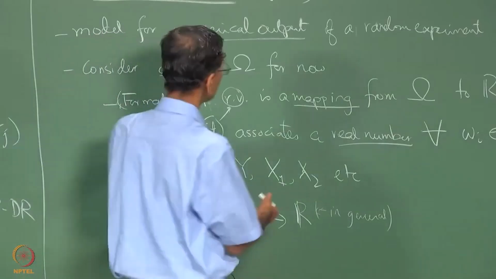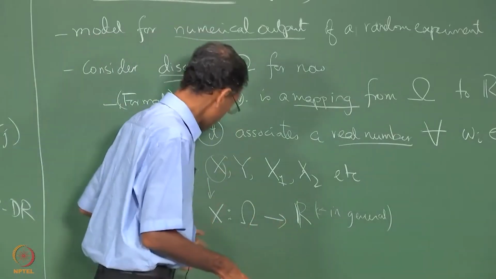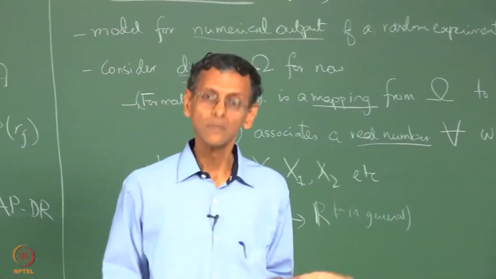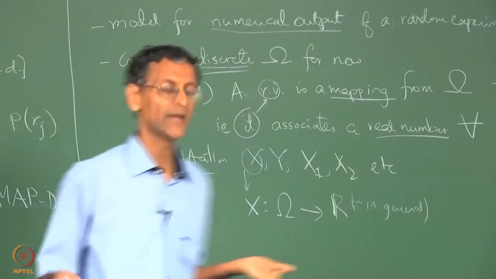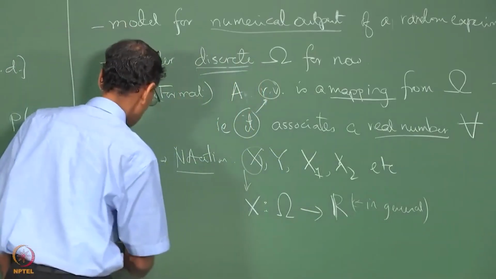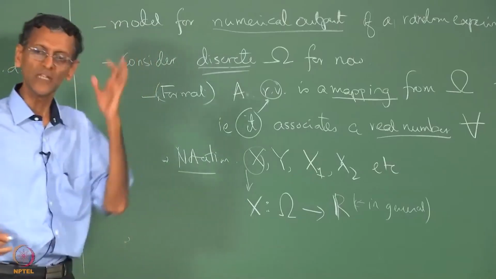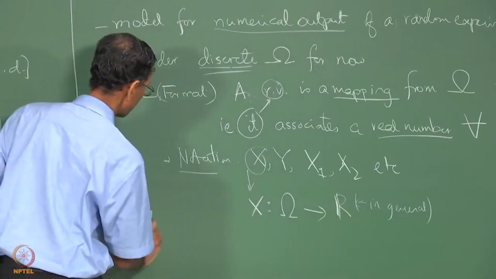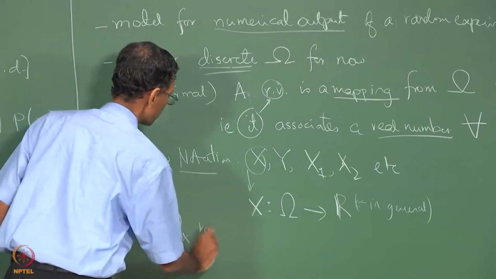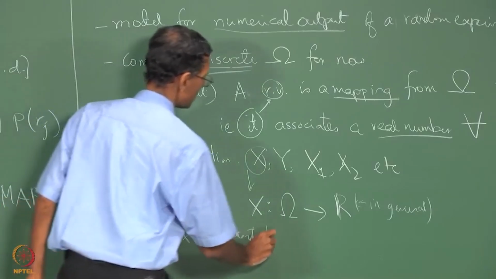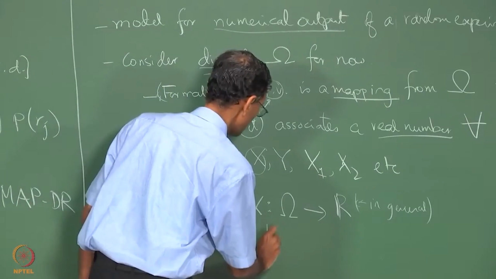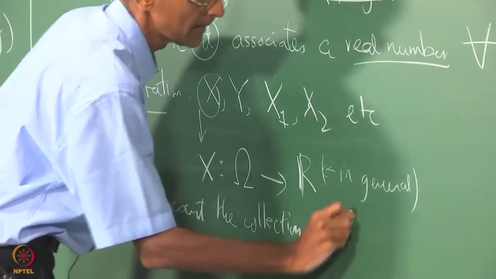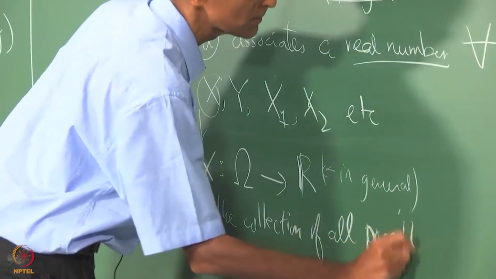In fact, you can obviously see that if omega is discrete, the collection of possible outputs is also countable. It cannot be uncountable. So what is the notation I am going to use? I need one more notation to keep things straight. Instead of R, let omega x represent the collection of all possible outputs, which I am going to write as all possible values of x.